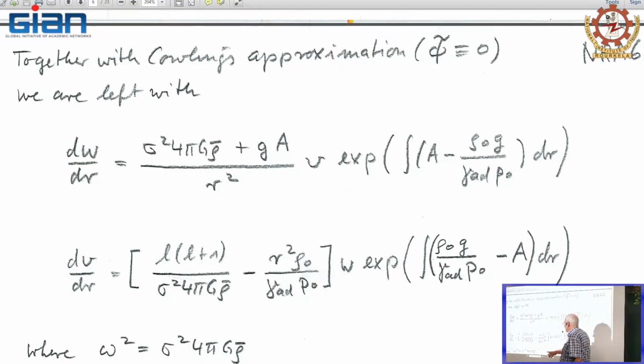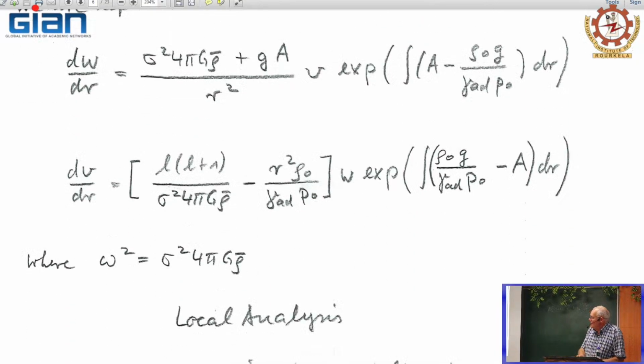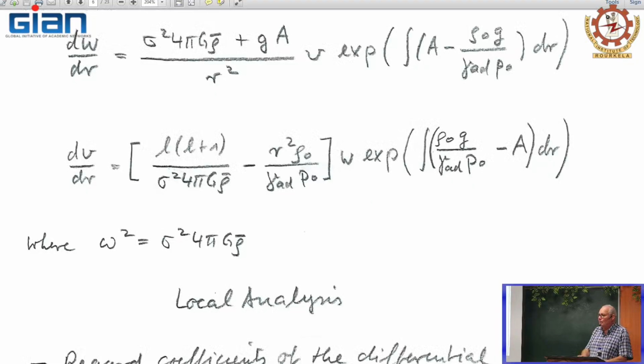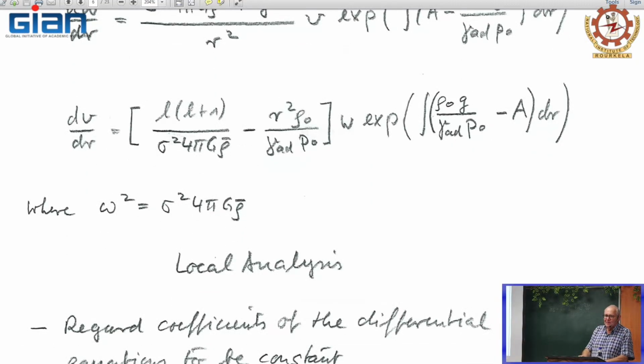Omega squared is sigma squared times 4 pi g times the mean density. Okay, why did we do this? Well, we are now going to perform a so-called local analysis. What is a local analysis of a differential equation? Well, the local analysis consists of regarding the coefficients of the differential equation to be constant.